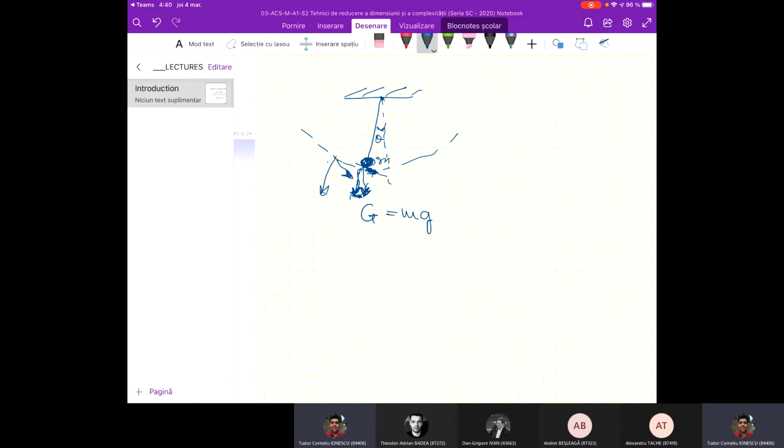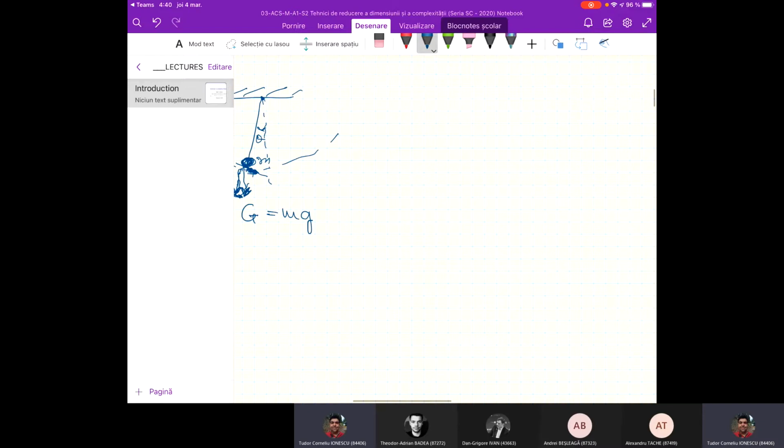Once you do that, you apply the laws of physics, and you add up all the torques, because this is rotational movement. You don't have forces here, but you have torques, and all of them should be in equilibrium. We assume that there is no external influence, so there is no external torque applied.